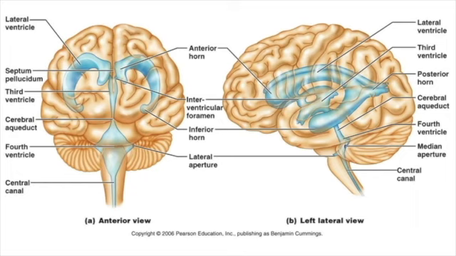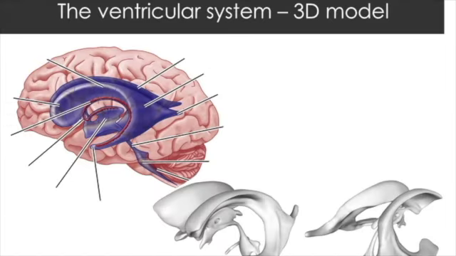Then they analyze it, and if there are red blood cells, if there's some blood in the CSF, then that means that you might have internal hemorrhaging or stroke or other kinds of internal bleeding in the brain, right? So the cerebrospinal fluid is very important for giving a good clinical indicator of the status of a patient. So that's a little bit about the ventricular system.